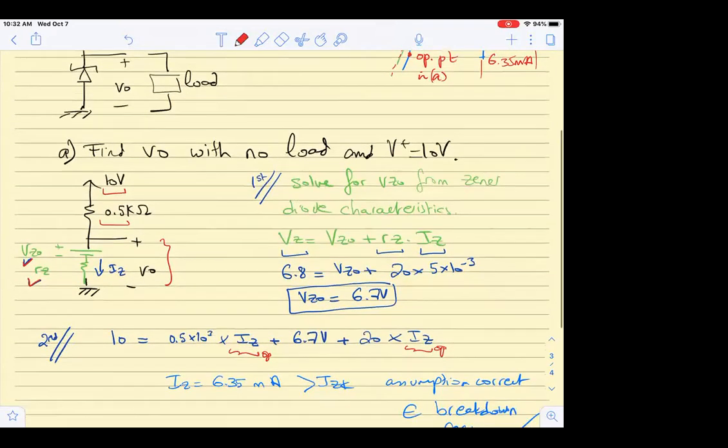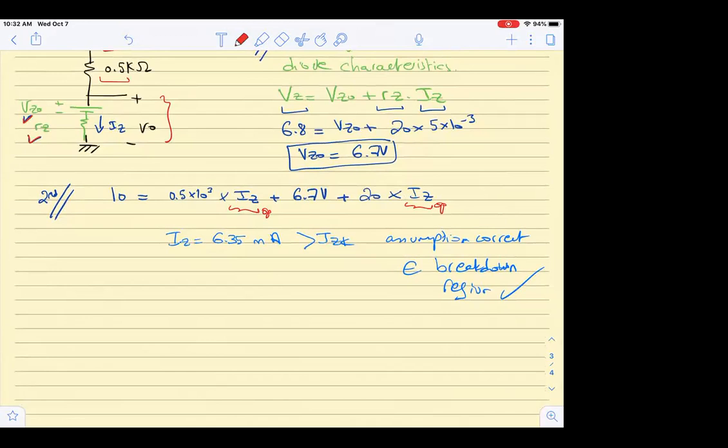Okay. So if we use this IZ, now we can say that VO is really equal to VZ0 plus RZ times IZ, and this value is going to be equal to 6.7 plus 20 times 6.35 times 10 to the minus 3, which comes out to 6.83 volts in absolute value.